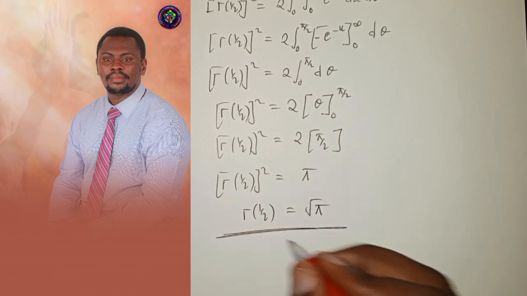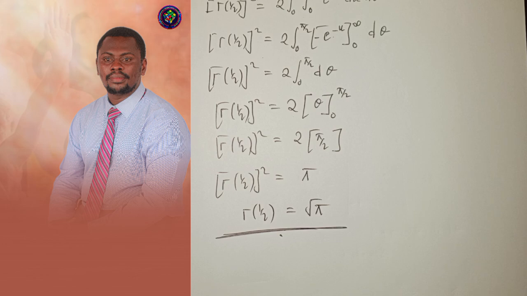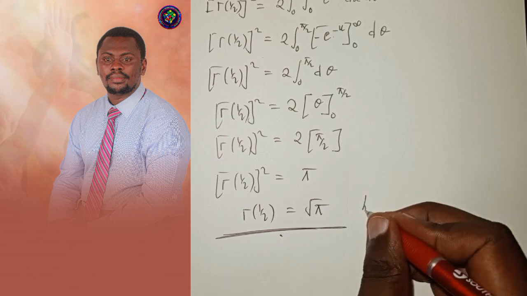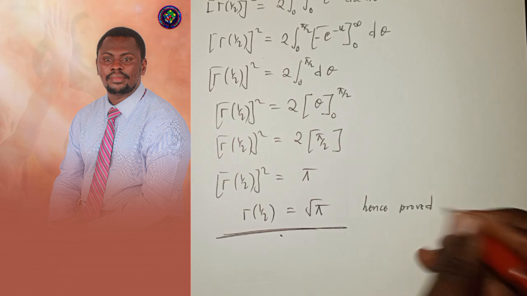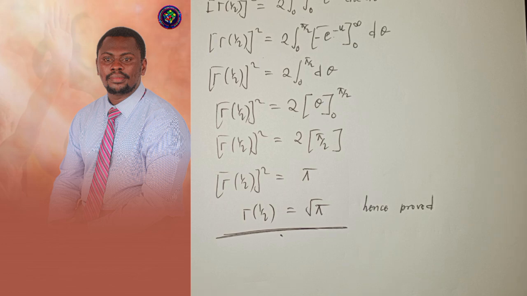So you can see that we have shown that gamma of 1 over 2 is equal to square root of pi. Hence, proved. So always remember that gamma of 1 over 2 is square root of pi. So this is another property of gamma functions.